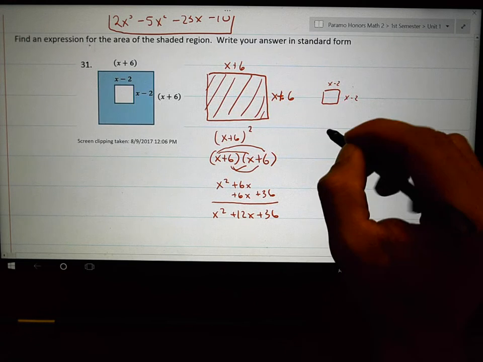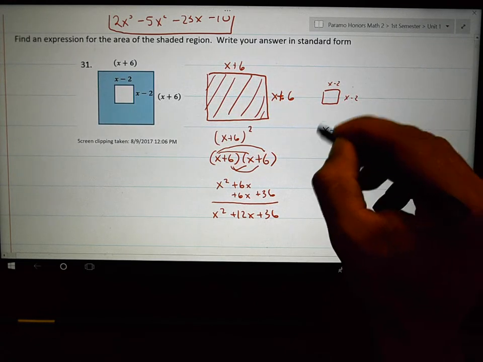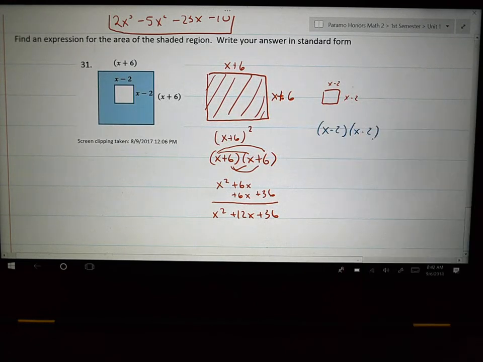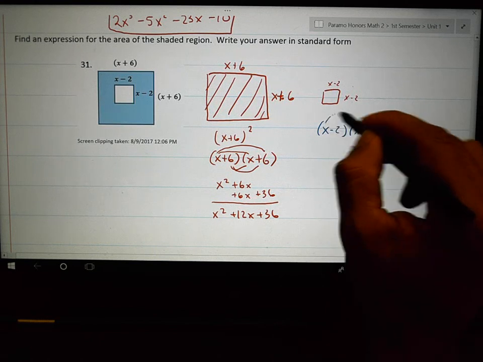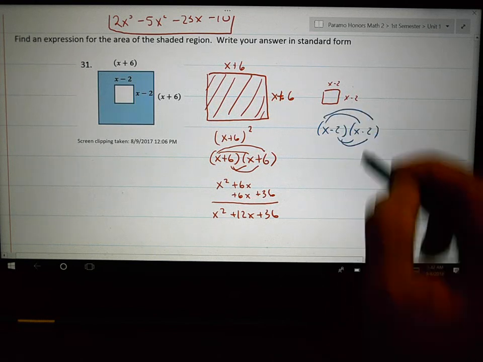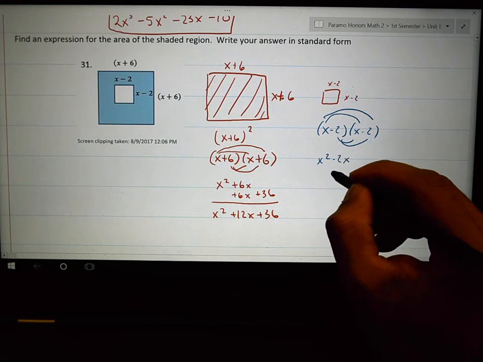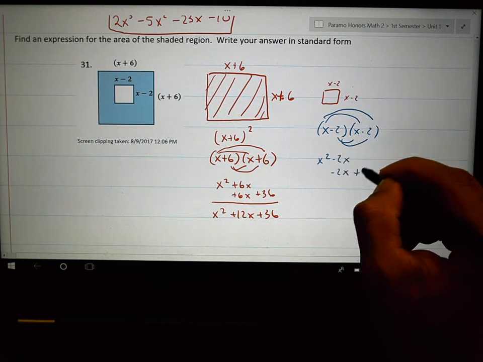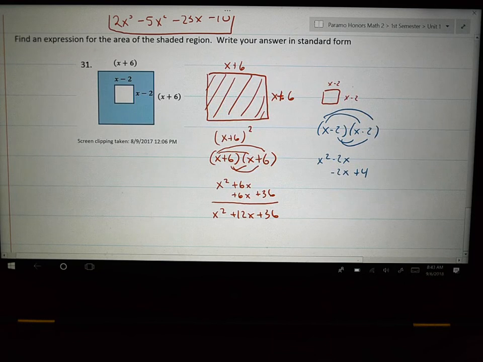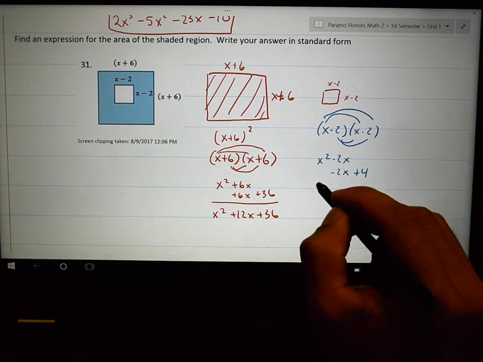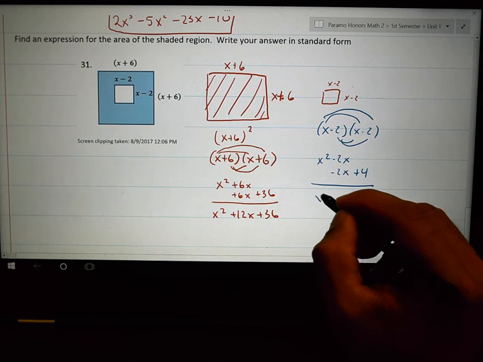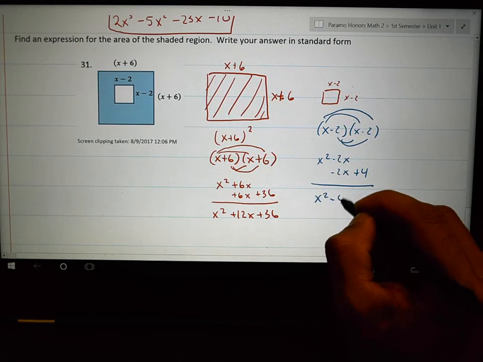X minus 2 times another x minus 2. The way my brain works is I immediately see all 4 pieces. X squared minus 2x minus 2x plus 4, because negative 2 times negative 2 is a positive 4. I know what this area is. It's x squared minus 4x plus 4.